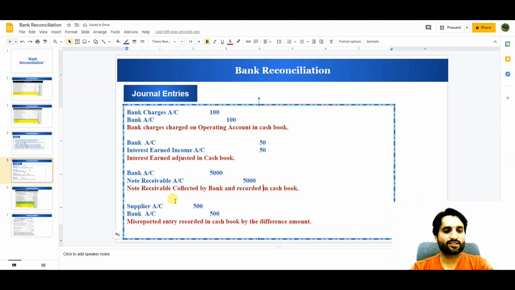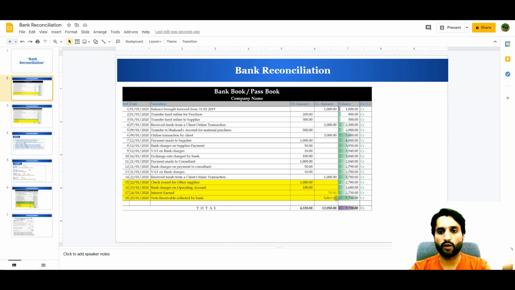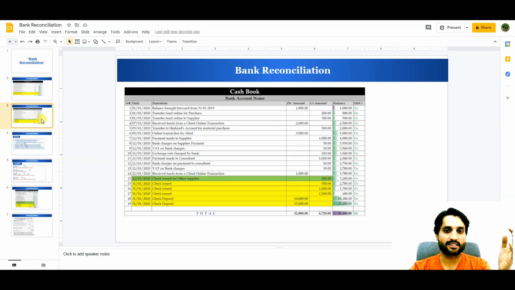So the last entry is misreported in our cash book, but in our bank book it is recorded correctly. So we will make an entry for the difference of these two misreported amounts. The supplier account will be debited by 500, because in our bank account the deduction was 1,000, but by mistake we recorded 500 in our cash book.